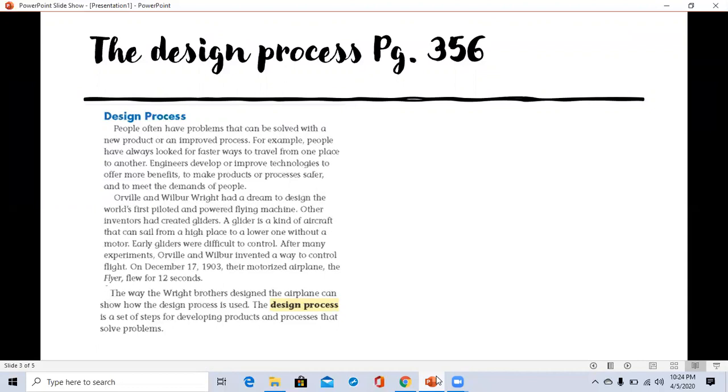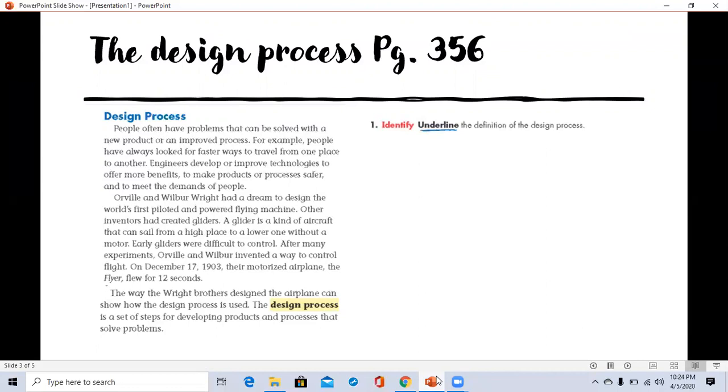On December 17, 1903, their motorized airplane, the Flyer, flew for 12 seconds. The way the Wright brothers designed the airplane can show the design process in use. The design process is a set of steps for developing products and processes that solve problems.